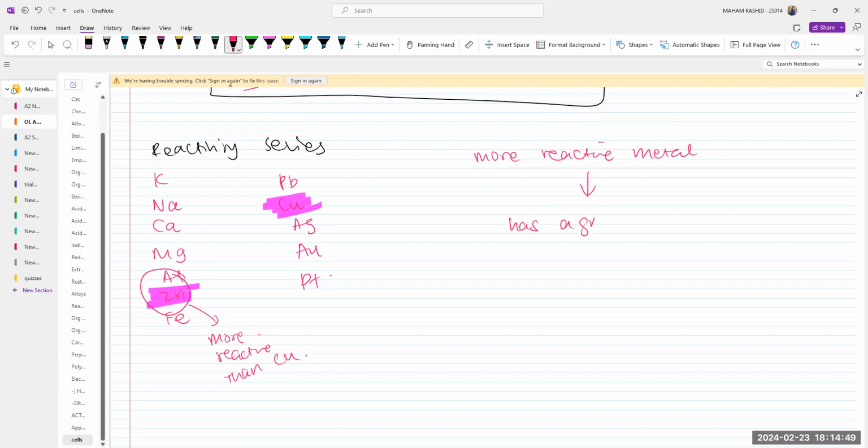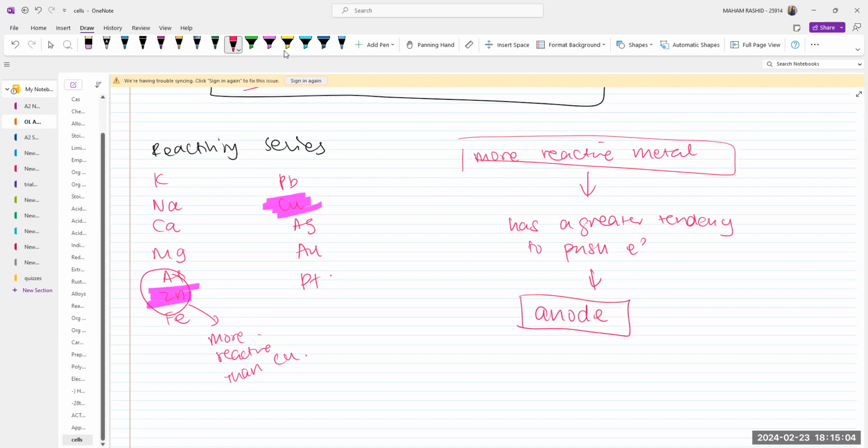So a more reactive metal has a greater tendency to push electrons, and hence that is anode. So basically, the more reactive metal is your anode.